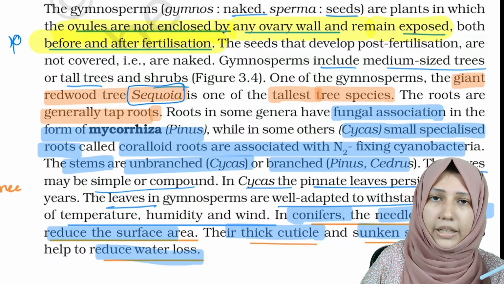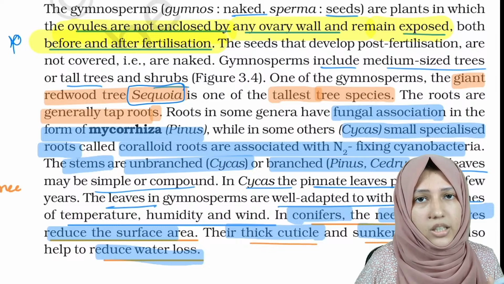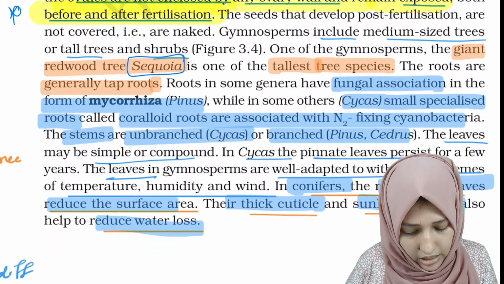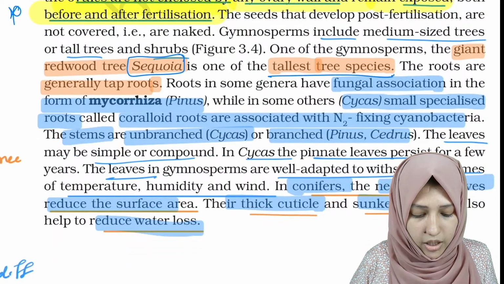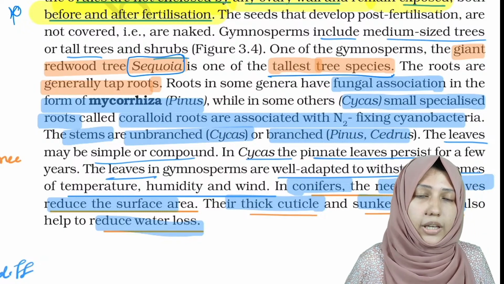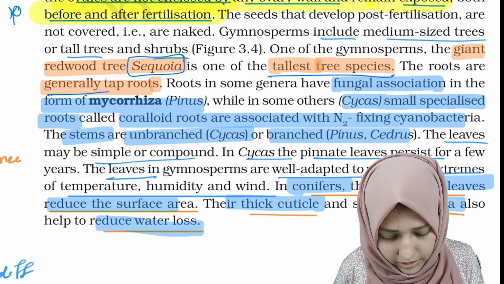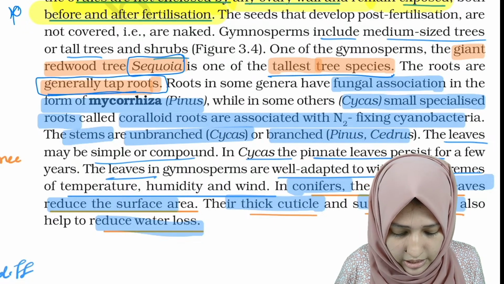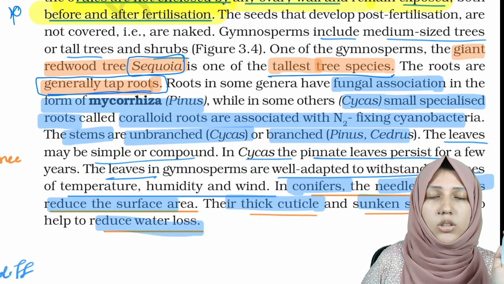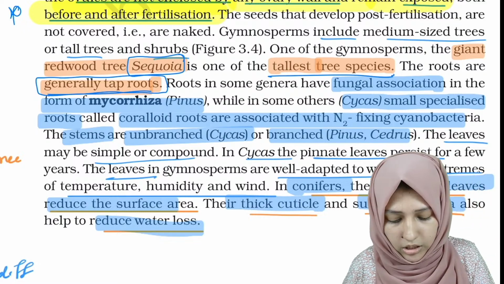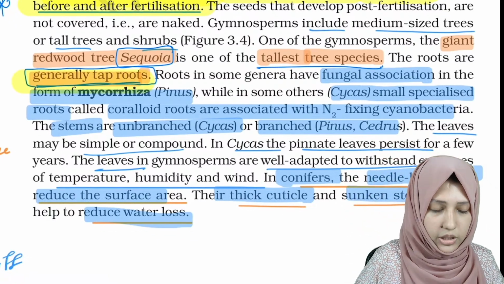So it is under the Gymnosperms, right? And Sequoia is the tallest tree species. Gymnosperms usually possess tap roots. This is an important point, so underline it in your NCERT.